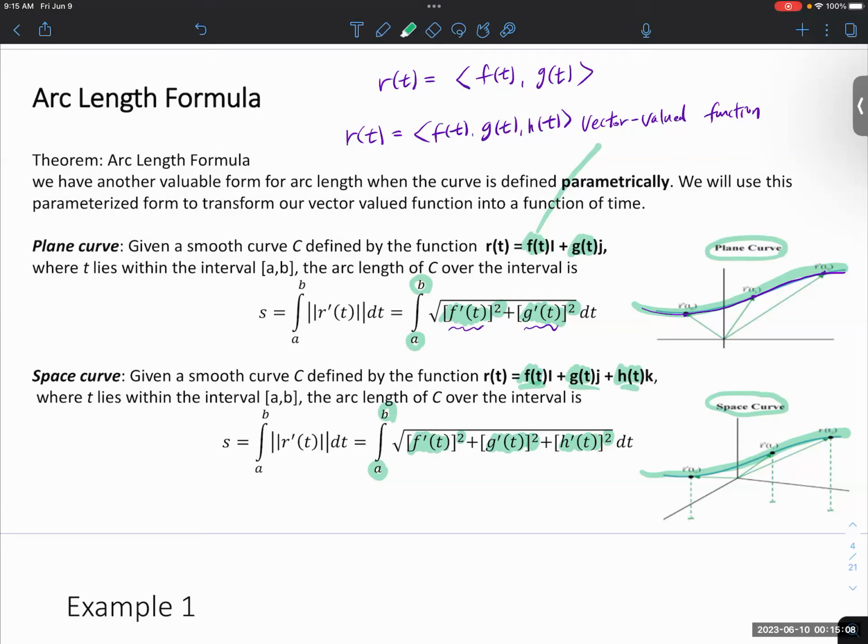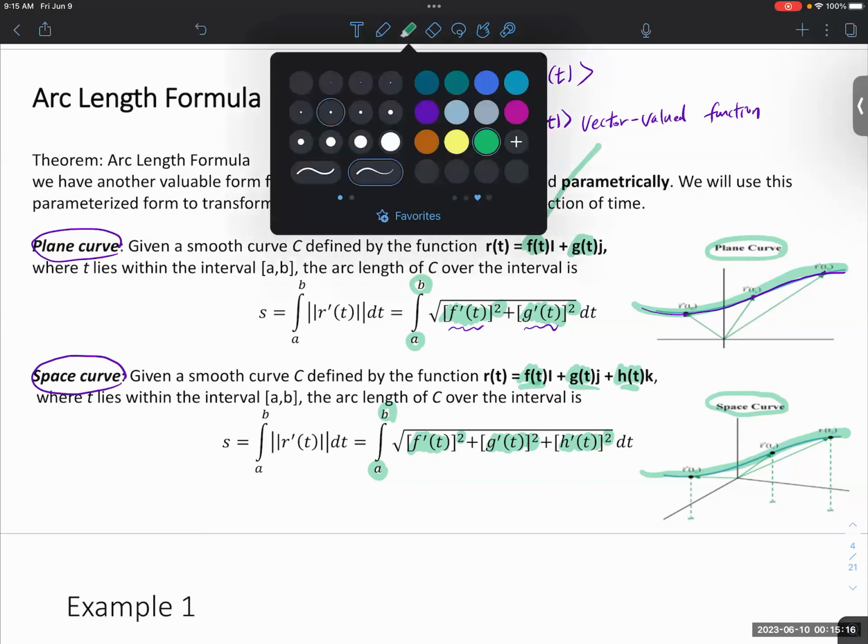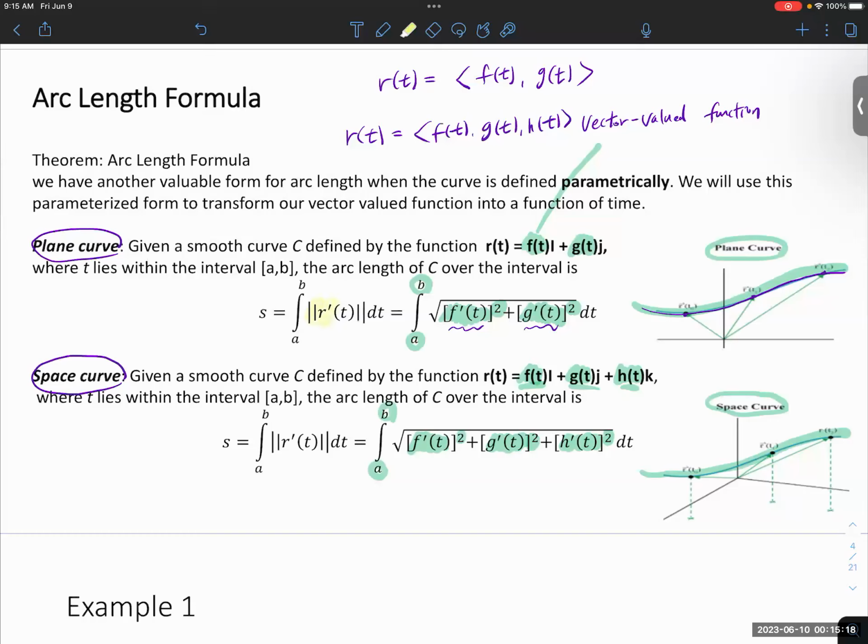Here you can find the plane arc length and space arc length using those two formulas. If you have just the r vector, you can take the derivative and its magnitude, and that also gives you the curve length.